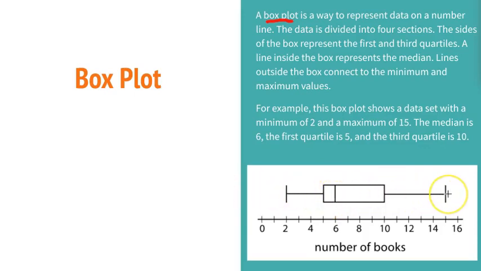The lines connecting outside are the maximum and the minimum. So this data plot here shows a minimum of 2, maximum of 15. The median is at 6, or the second quartile. The first quartile is at 5, and the third quartile is at 10.